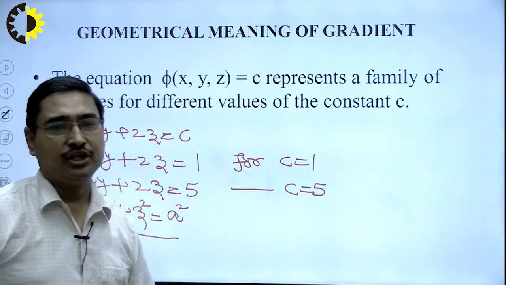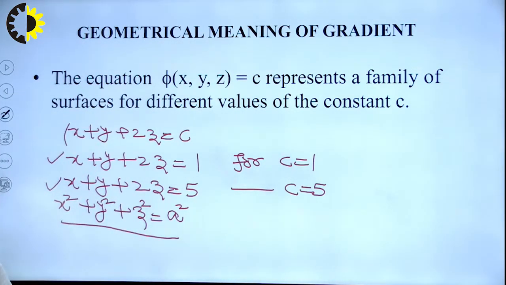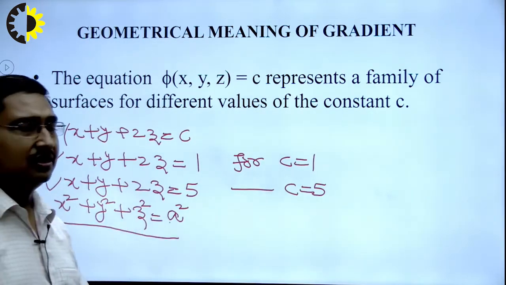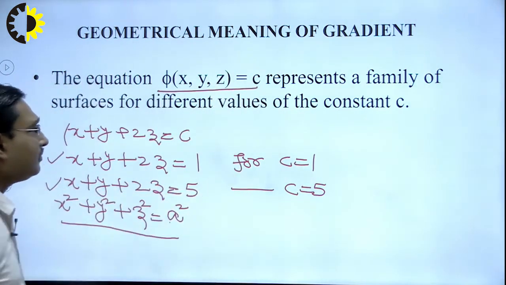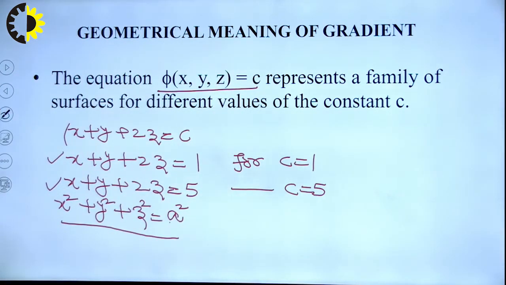Each of these equations will represent a sphere in space whose radius is a and center is origin. In general, the equation of the form phi x y z equal to c represents a family of surfaces for different values of constant c.